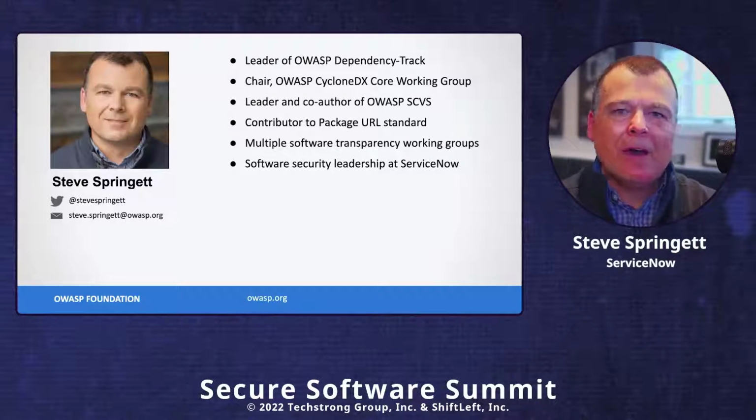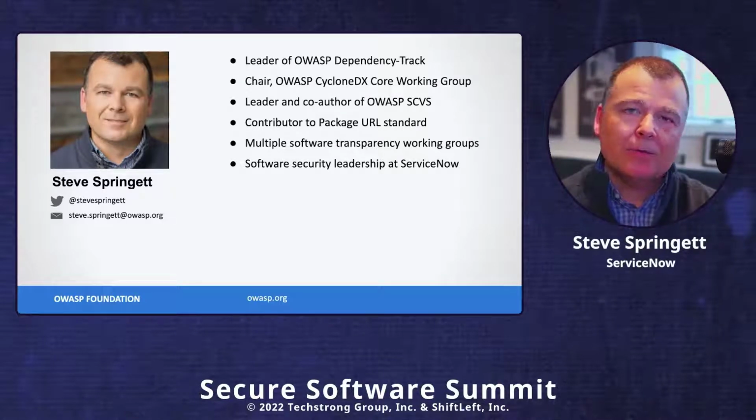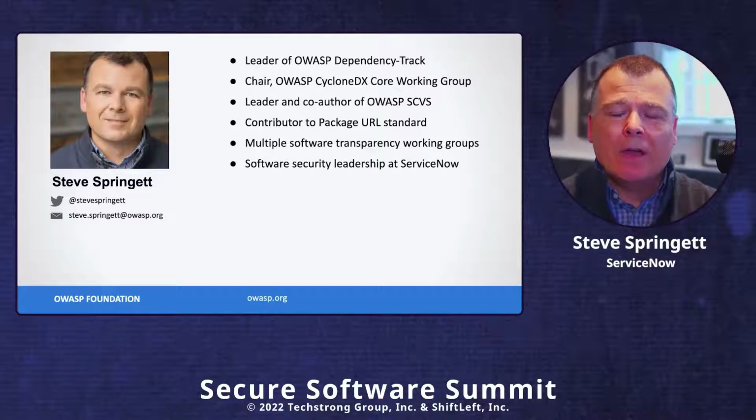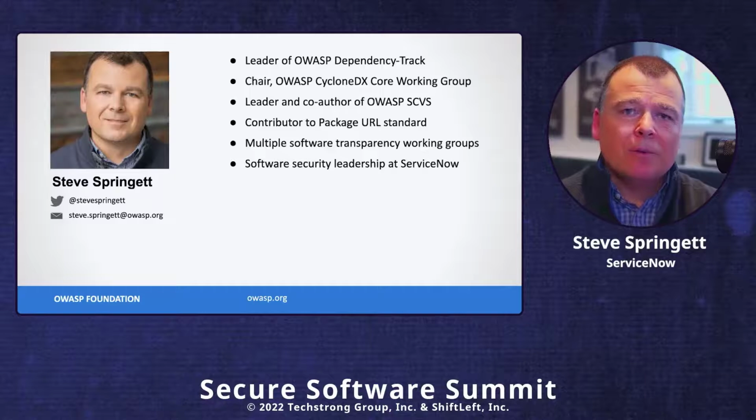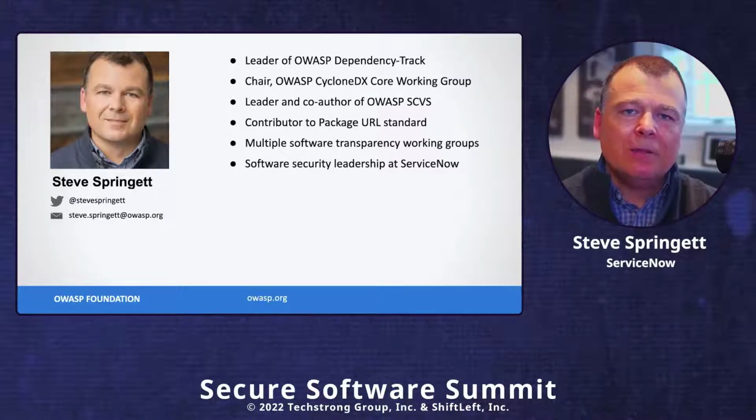My name is Steve Springett. I am the leader of the OWASP Dependency Track project. It's a project specifically designed to consume and analyze software bill of materials. I'm also the chair of the CycloneDX core working group, which is a software bill of materials format. I'm the leader and co-author of the OWASP Software Component Verification Standard, which allows organizations to measure and improve their software supply chain assurance.